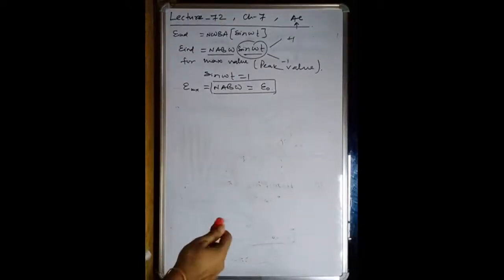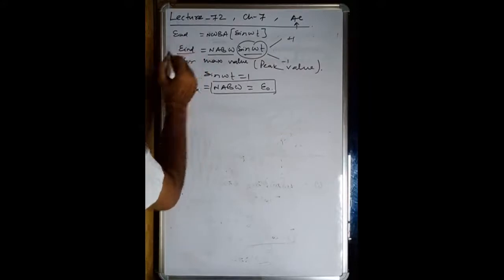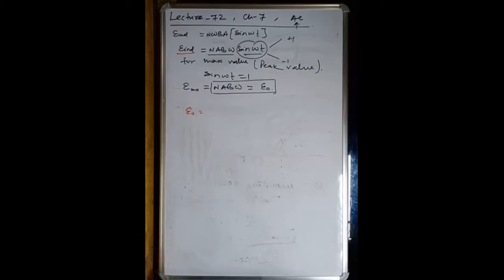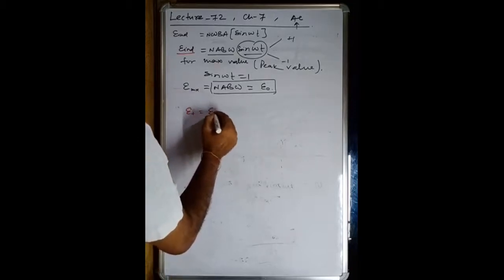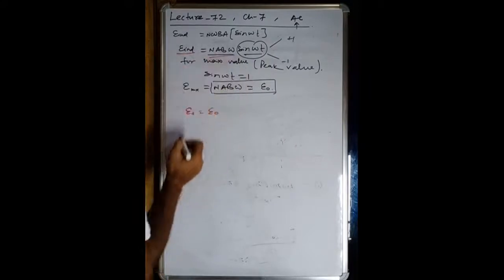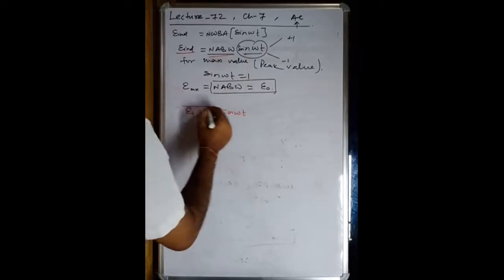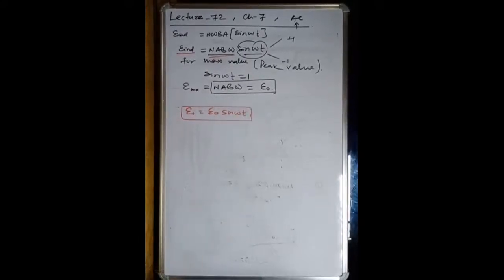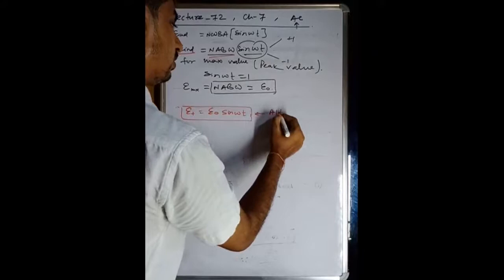Okay, so look here. Now we can write this instantaneous value, this E induced, E(t), as E naught sine omega t. And this is the instantaneous voltage, but this is an alternating voltage.